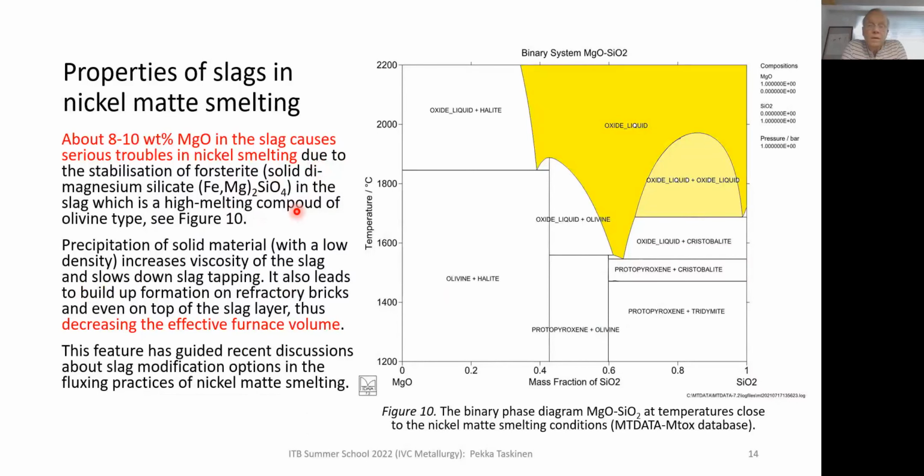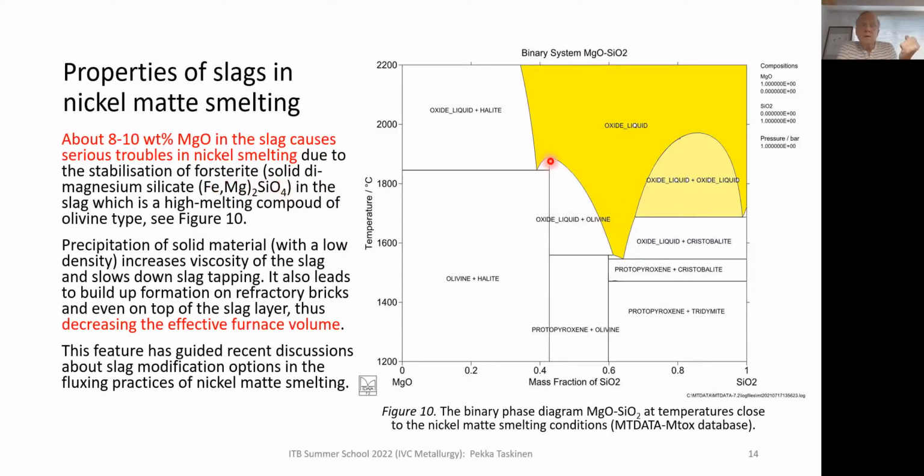So what is making this trouble in the slag? It is solid olivine, a compound which is magnesium silicate of this type. So it has two divalent magnesium ions and one silica as a compound.